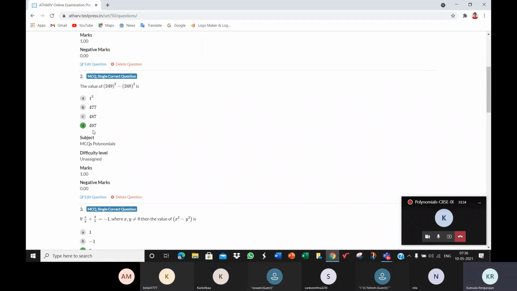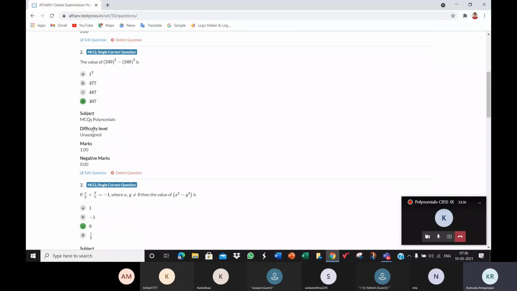See the next one. We are not expected to multiply 249 into 249 and then 248 into 248. No, not like that. You need to go through an identity. This is like a squared minus b squared, which is a plus b into a minus b. So 249 plus 248 into 249 minus 248.